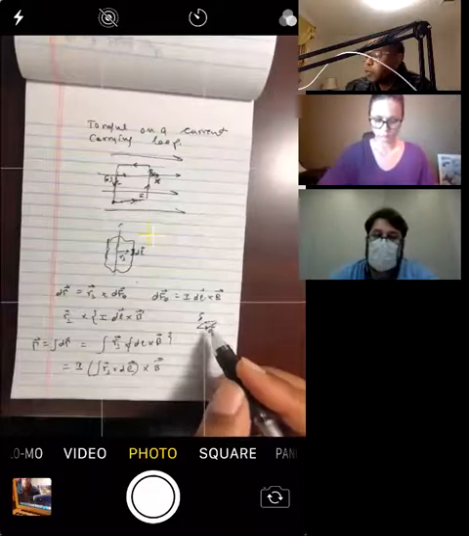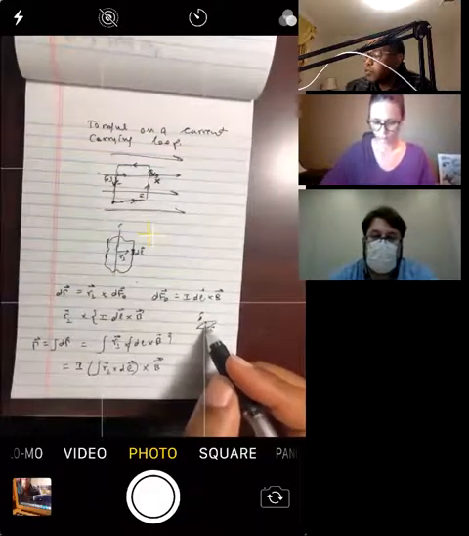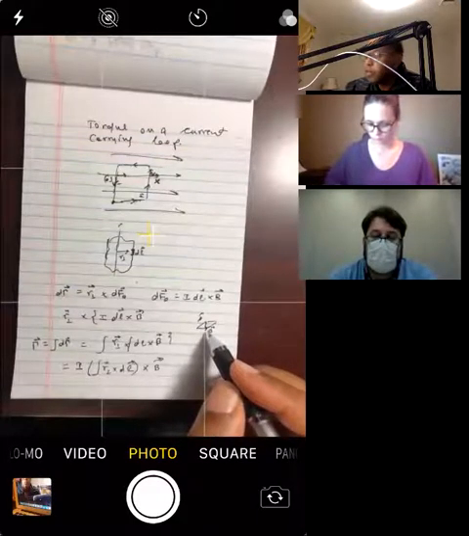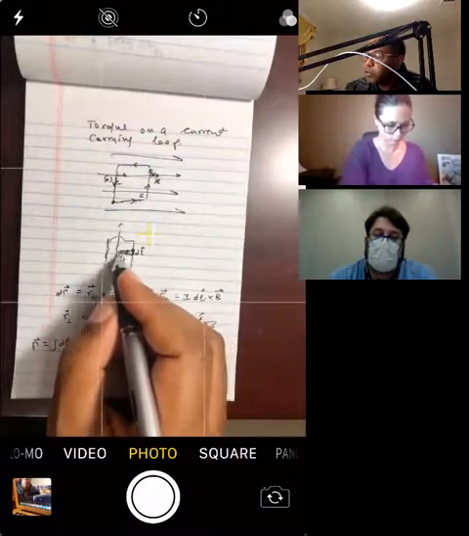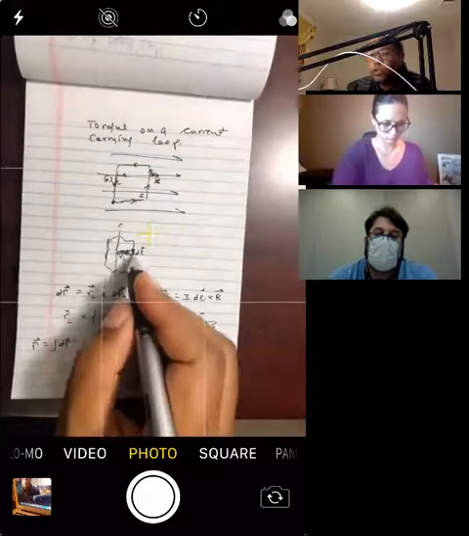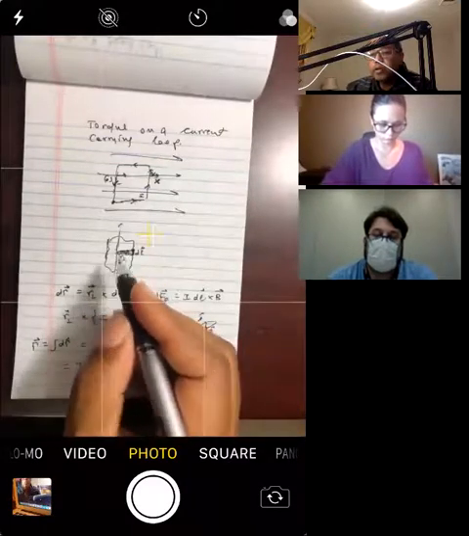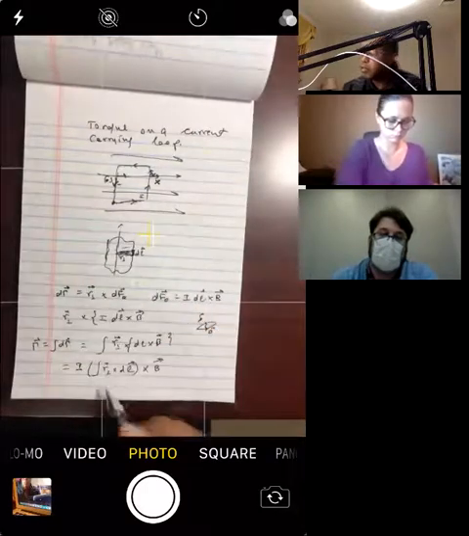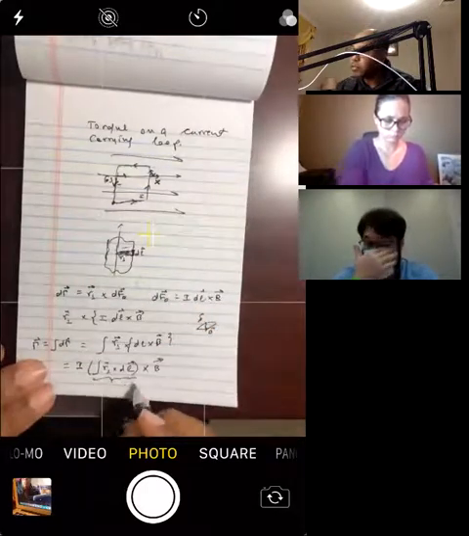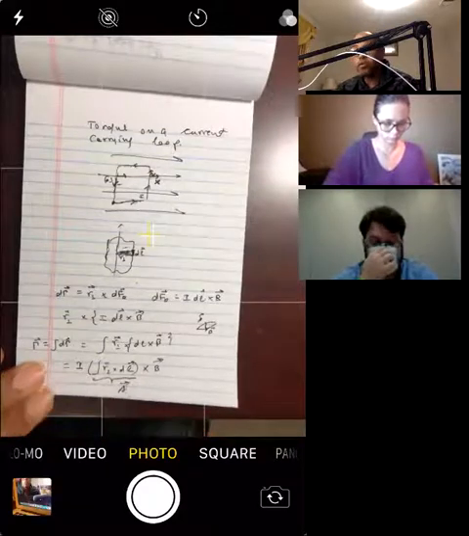The area of this parallelogram is AB sine theta, which is A sine theta times B. So this basically is this area over here. R perpendicular cross dL is the area over here. So if you add all these elements, what do you get? You get the total area. So this is the total area of the loop.